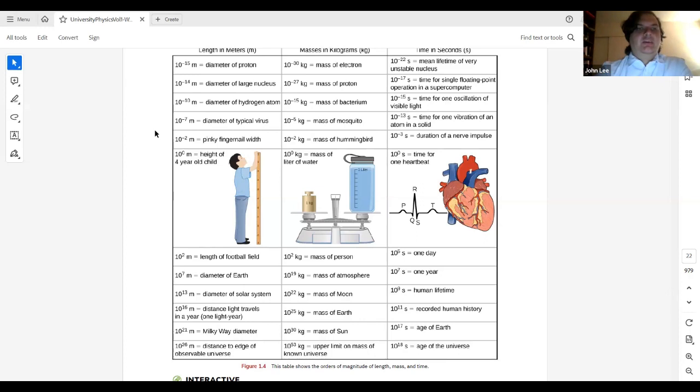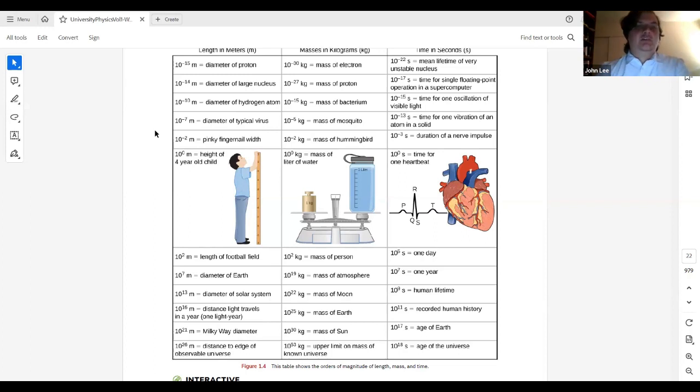So in this case, 10 to the negative 10 compared to 10 to the negative 15 is 10 to the fifth, so the diameter of the hydrogen atom is going to be 10,000, not 10,000, 100,000 times the diameter of the nucleus.